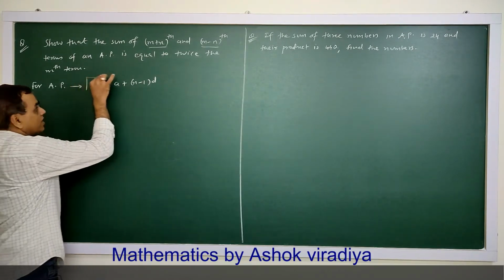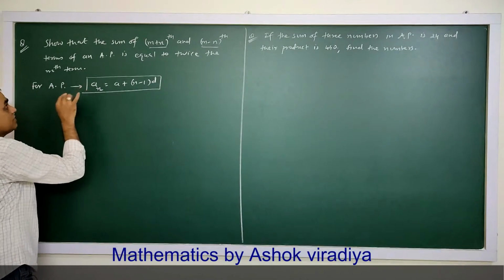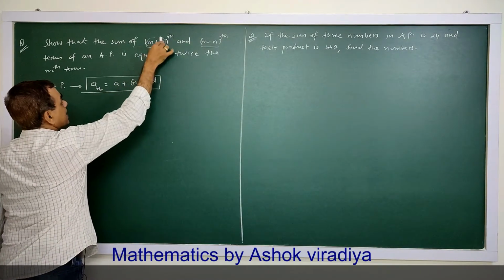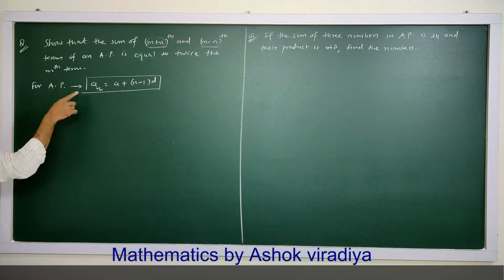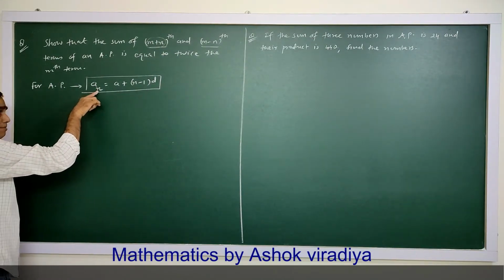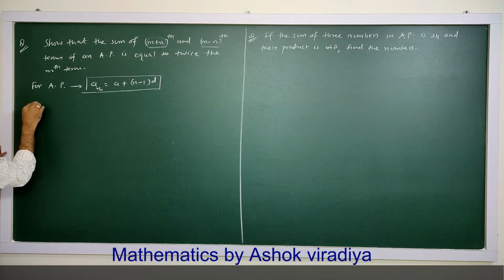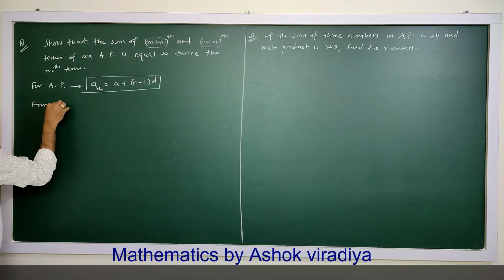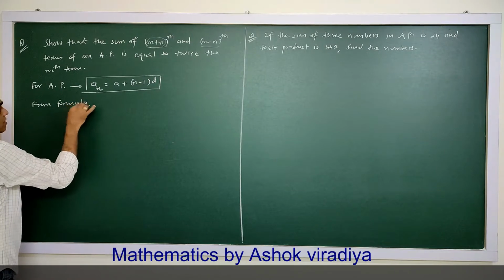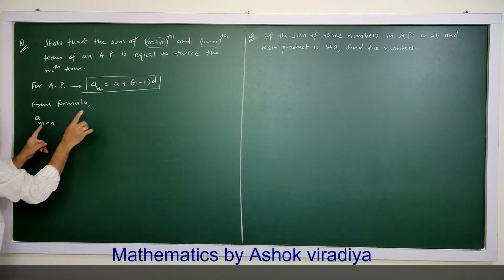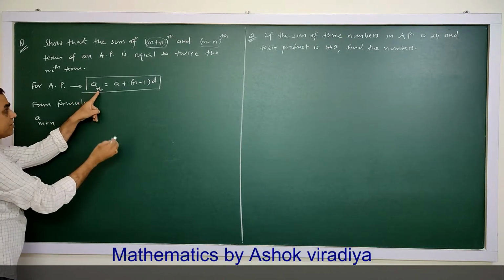Now in this formula, if we replace n by m plus n, then we can get the m plus nth term. So a m plus n: now what I am doing, I am putting here m plus n.